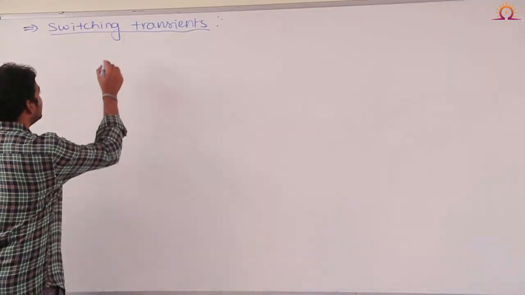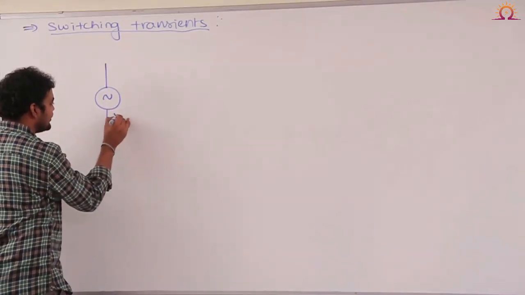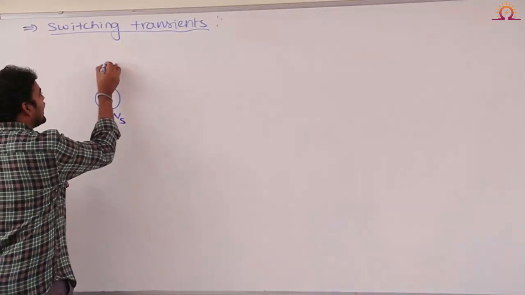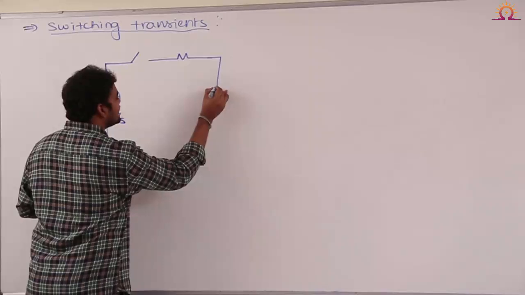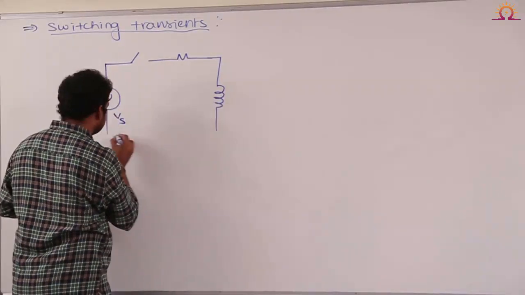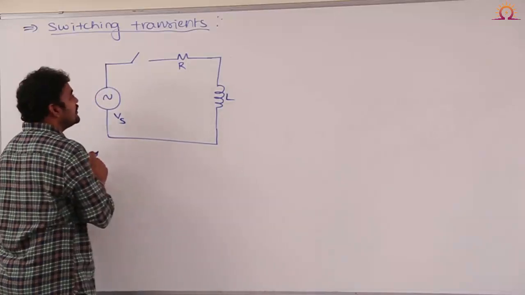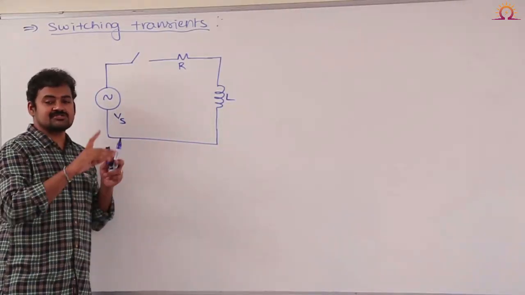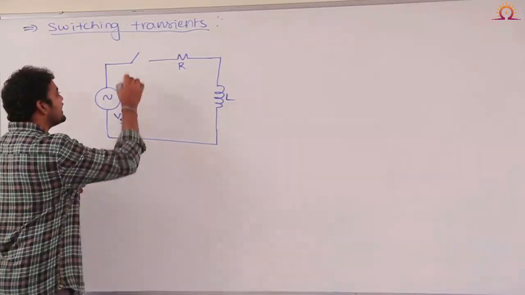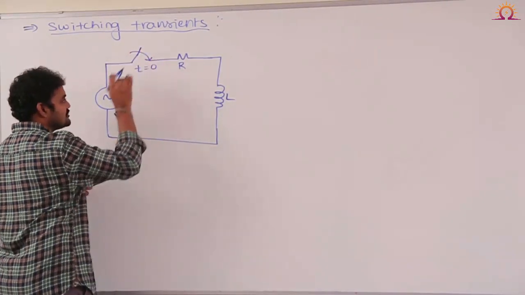Let's see. Assume I have a sinusoidal voltage source, and this voltage source is connected to an RL circuit like this. Initially the switch has been open, from an infinite period of time. Exactly at time t equal to 0, the switch is closed.